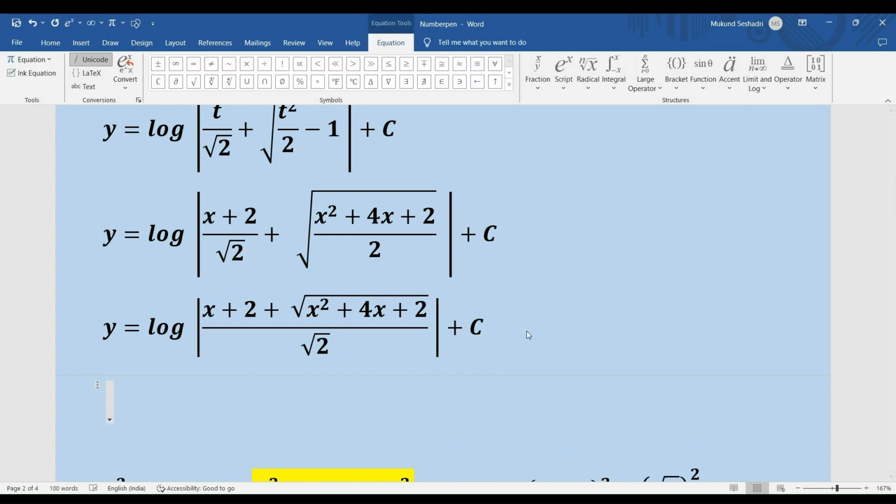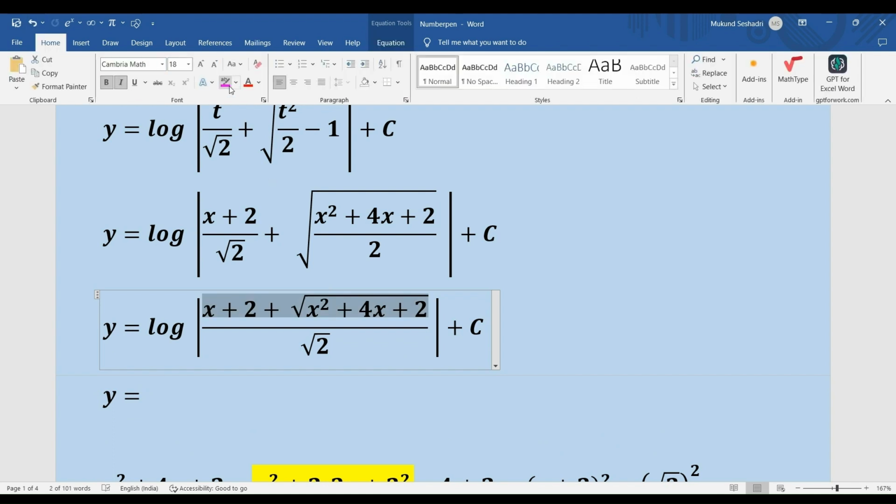The answer is yes, because I know that log of a by b is log a minus log b, right? And in this particular case, my a is this expression x plus 2 plus the square root of x square plus 4x plus 2, right? So let me highlight this in a specific color. Let me use turquoise. And then my denominator is a constant, with, let me use a different color, say green.